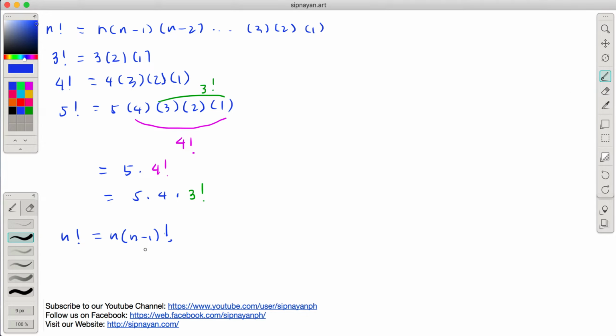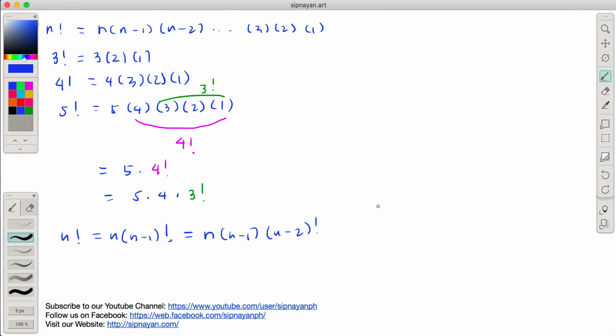Kasi ito yung next digit na mas maliit. So, pwede rin natin siya isulat as n times n-1 times n-2 factorial. And the factorial notation means that all the digits from n-2, tapos n-3 and then all the way down to 1.